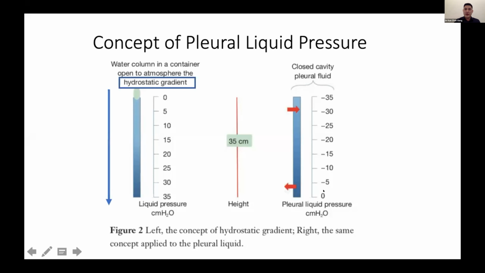Assuming zero is where the drainage occurs, which is the most bottom part of the pleural cavity, and 35 centimeters is the average height of the pleural cavity in a normal adult. If you follow the hydrostatic gradient strictly, every 1 centimeter increase in height should decrease the pressure by 1 centimeter H2O, which means at the top part of your pleural cavity, you should have negative 35 centimeter H2O pressure. However, this is just a model.